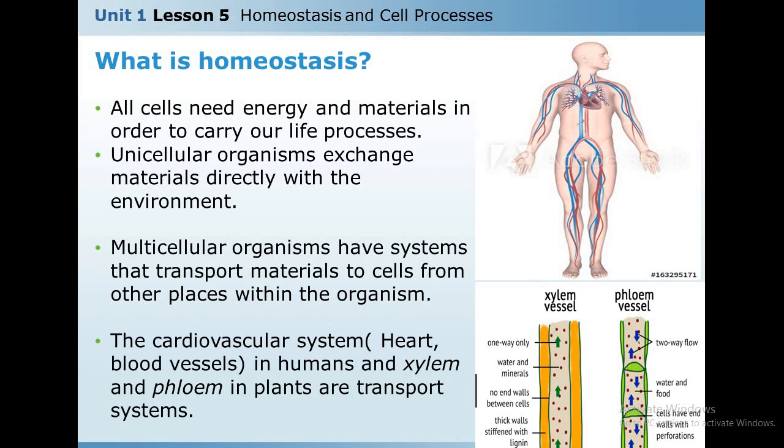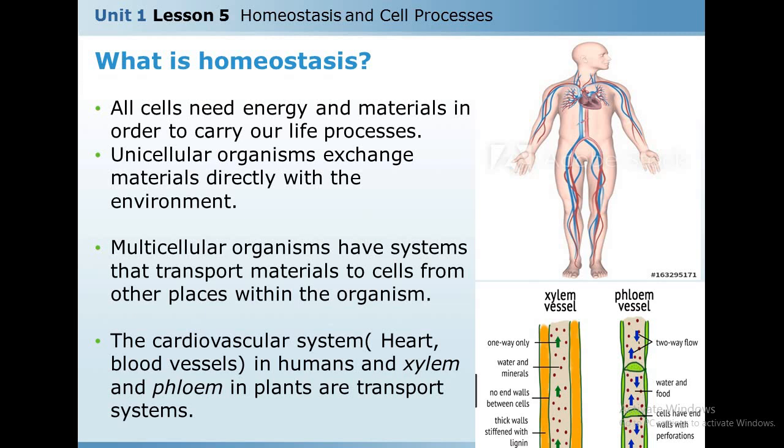Like in the human body, you have a system for transporting the blood, which is the circulatory system. We have arteries and we have veins that are transporting the materials to the cell. The artery is coming out of the heart and it's transporting the blood, which is rich in oxygen and nutrients, to the cells.